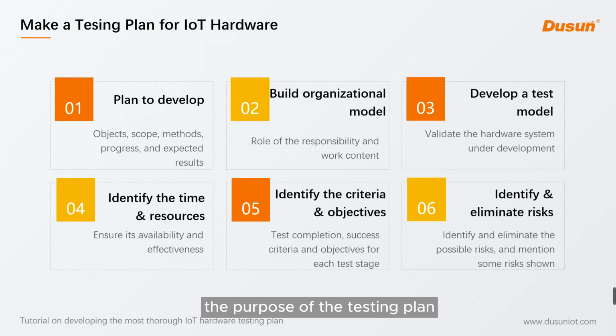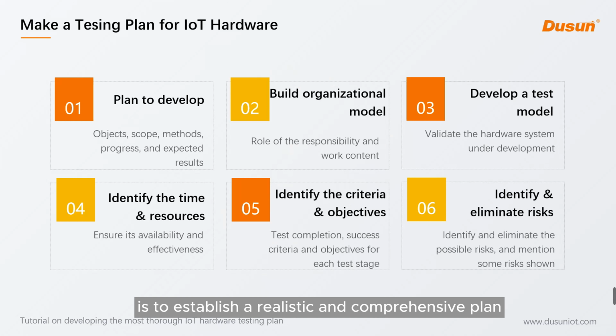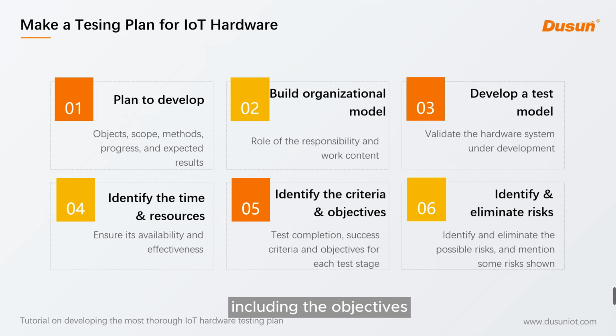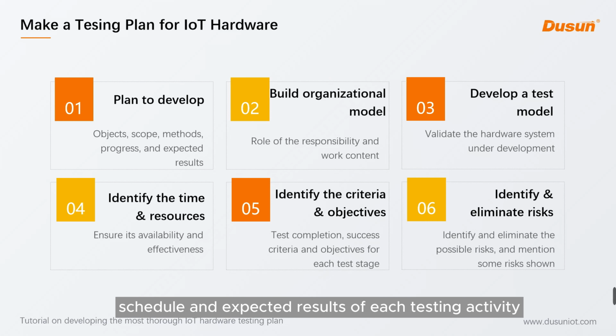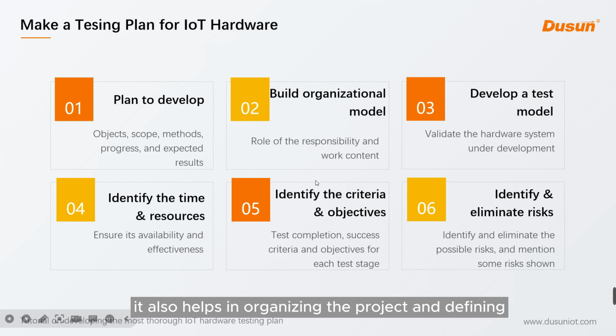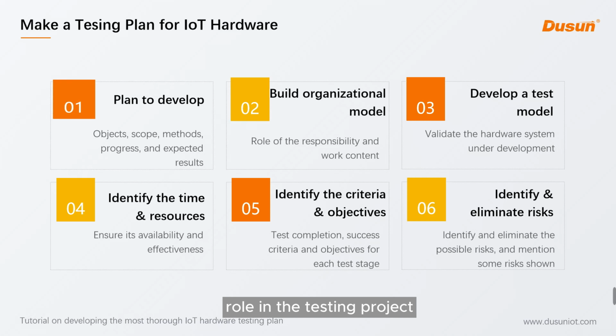The purpose of the testing plan is to establish a realistic and comprehensive plan for all testing activities, including the objectives, scope, methods, schedule, and expected results of each testing activity. It also helps in organizing the project and defining the responsibilities and work content of each role in the testing project.